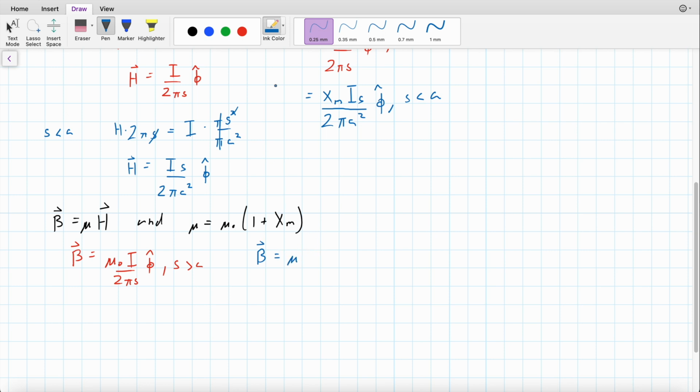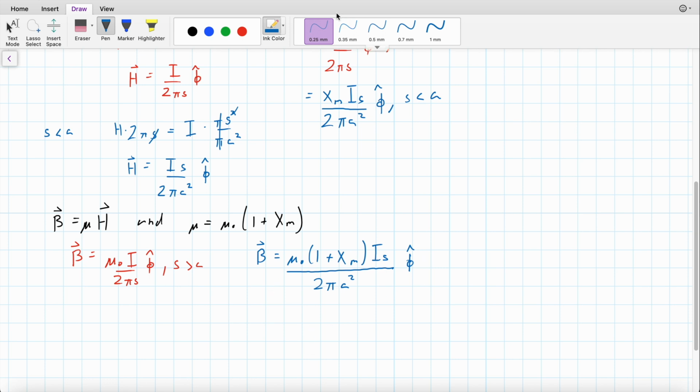And since we're inside the material, we substitute this mu for mu naught times 1 plus susceptibility, times I times s divided by 2 pi a squared, and in the phi hat direction.